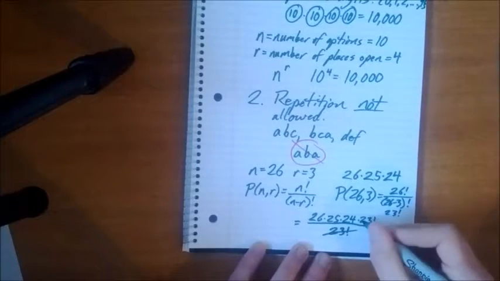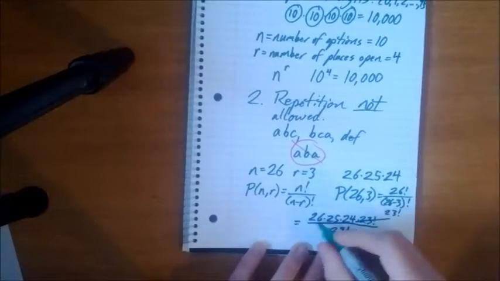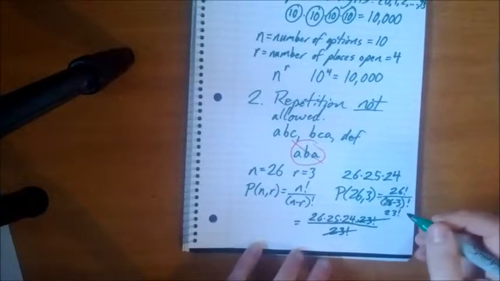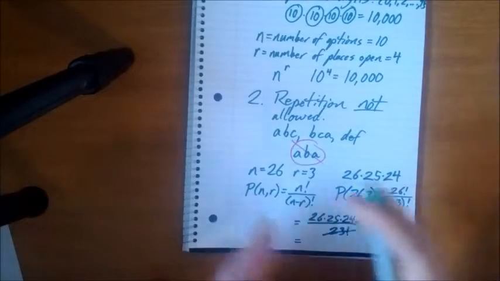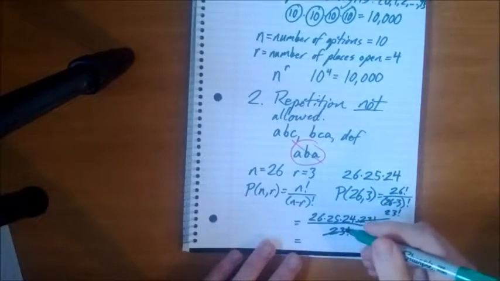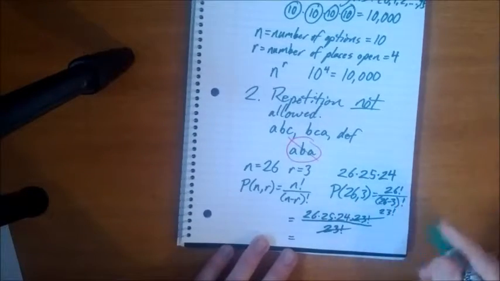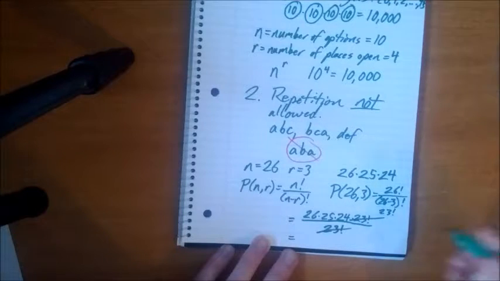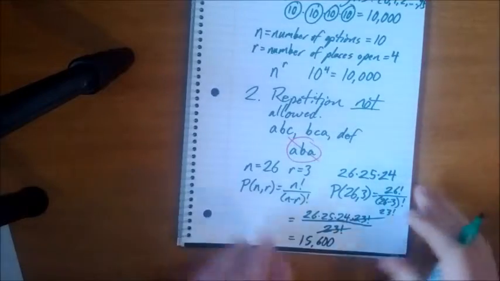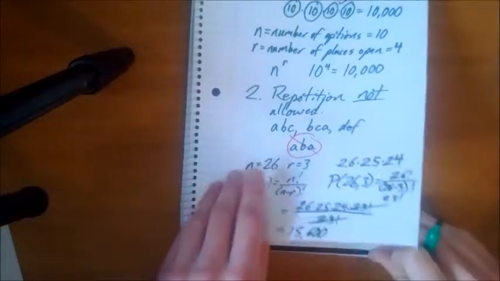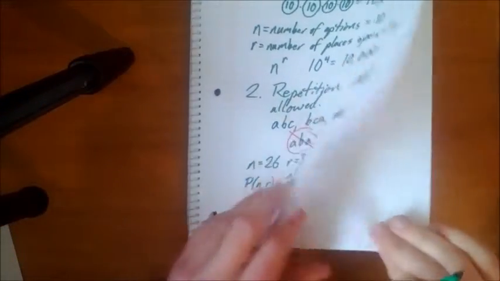You can cancel those out, and you're left with this. It's kind of ridiculous to go through all that work, but if you have big numbers, it might make it a little clearer, a little bit less confusing. So the answer here is 15,600, which I did right now in my head. Okay, that's not true. I did it beforehand.